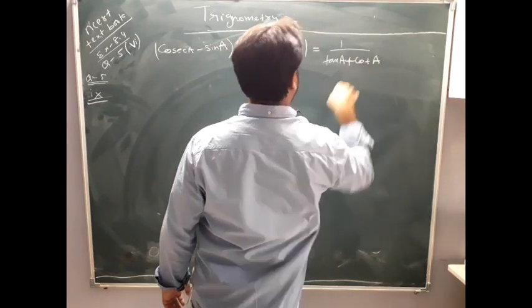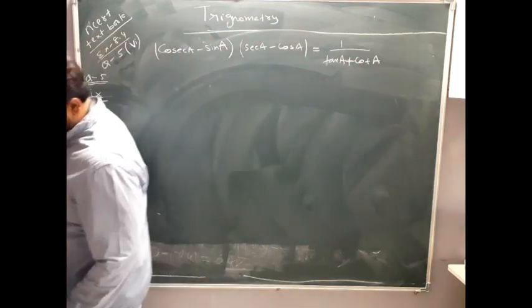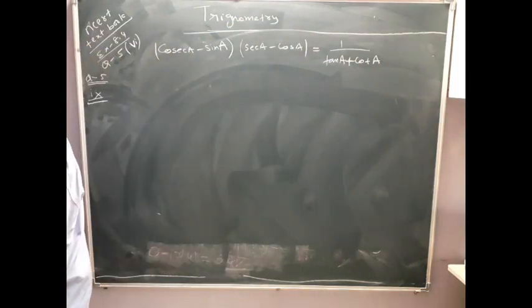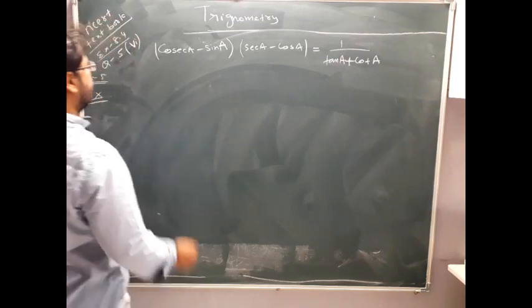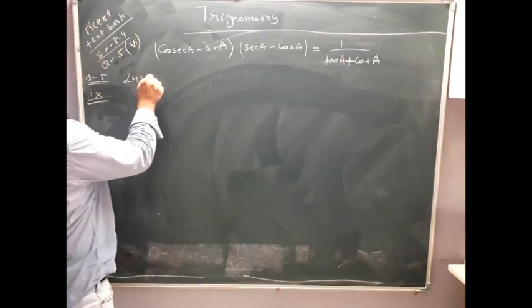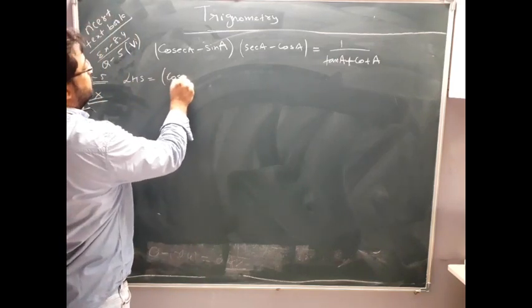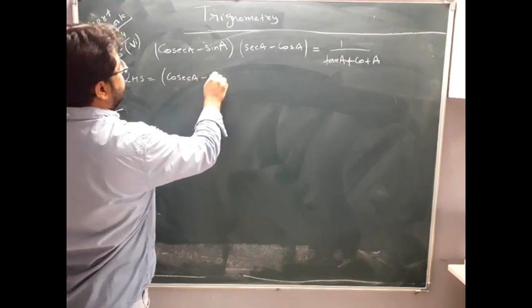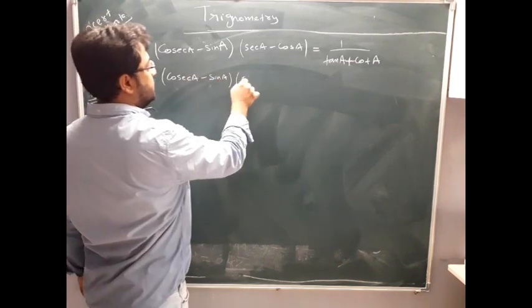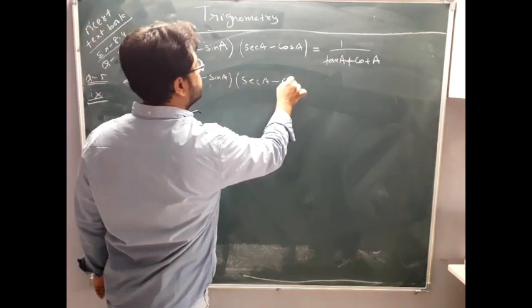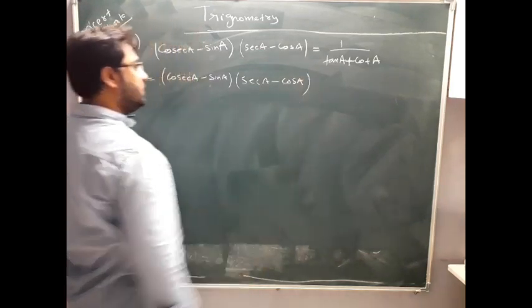This is the plus portion. Clear? So we will solve this. LHS: cosec A minus sin A, into sec A minus cos A. Clear?